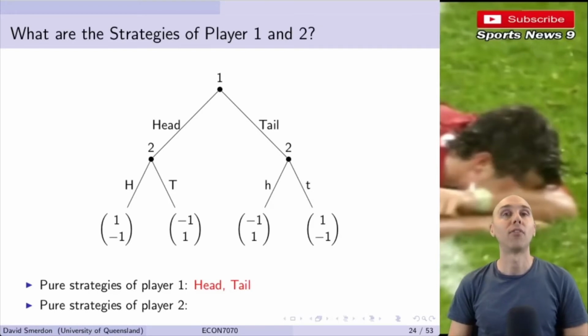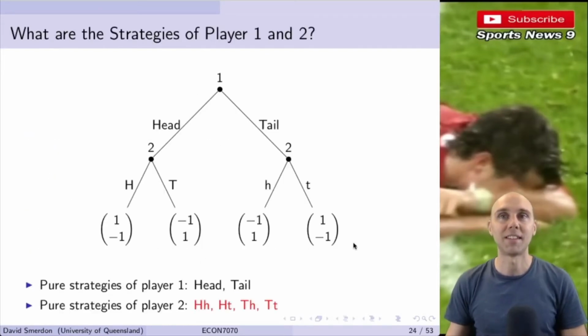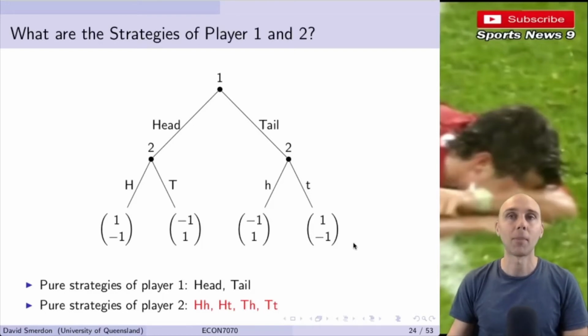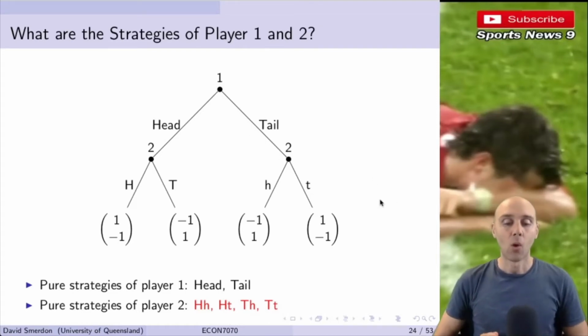Well, there are 4 pure strategies for player 2 in this extensive form game. They are HH, HT, TH, and TT, with capital letters depicting what would have been played if player 1 plays heads, and the small letters depicting what would have been played if player 1 plays tails. You can also think about this in this way. What possible set of instructions can player 2 give his brother?